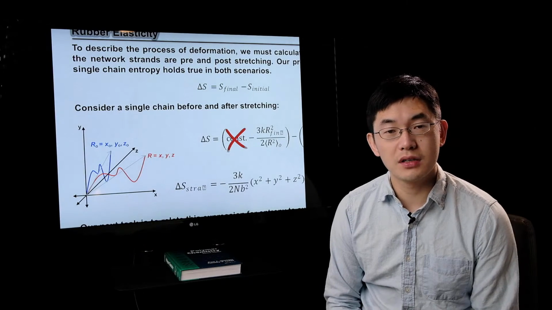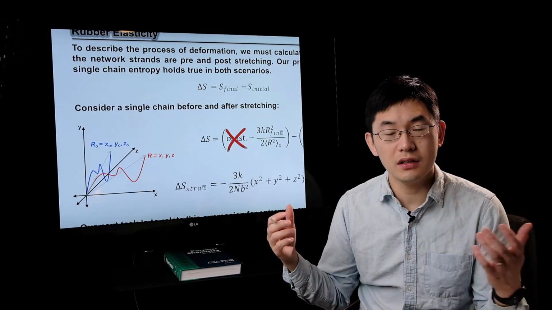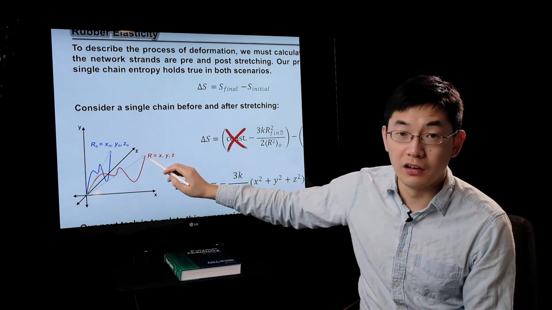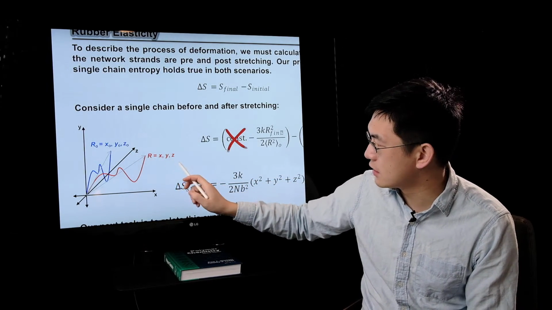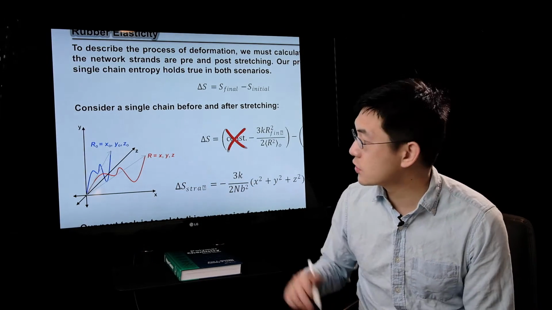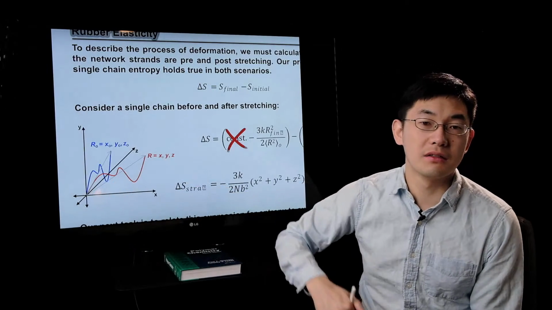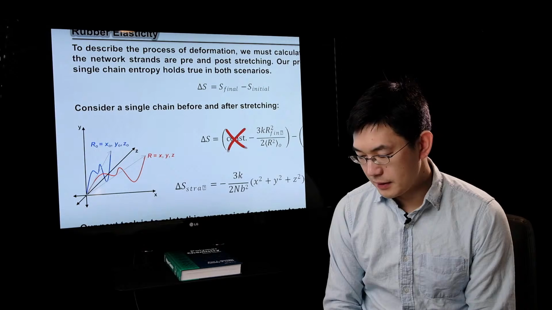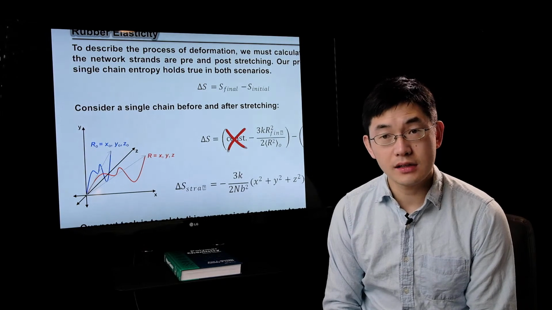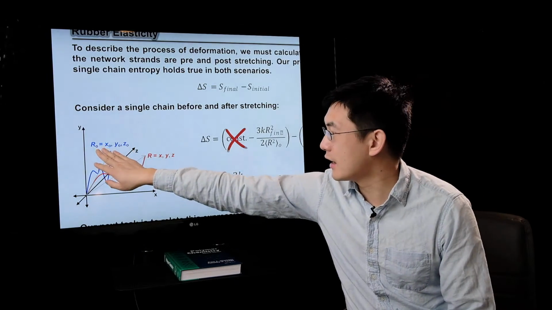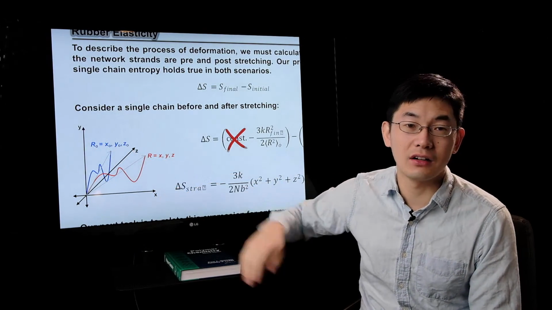And after deformation, we stretch in the x direction. Your coordinate will be shifted to a new r that will define a new x, y, z where this new chain end is. But the origin is fixed where it's both at 0. So what can we do now? We can apply what we have learned in the last slides to understand the entropy from the blue state at R0 to the end state at R. Okay?